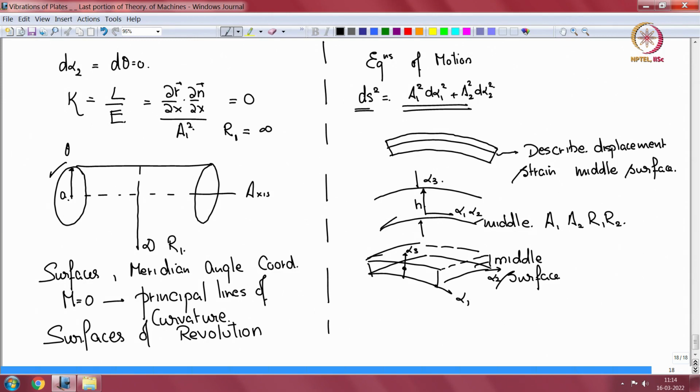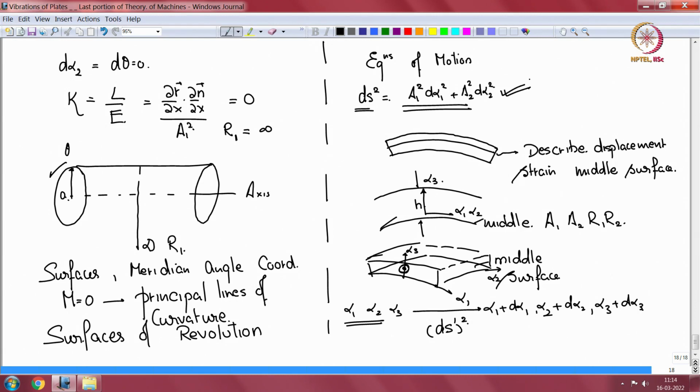So somewhere in the thickness we will describe a point, which will carry alpha 1, alpha 2 and alpha 3 coordinates. Then we will take another neighboring point which is at alpha 1 plus d alpha 1, alpha 2 plus d alpha 2 and alpha 3 plus d alpha 3, and we will form the basic length again, which we will call ds dash whole square, just like this.